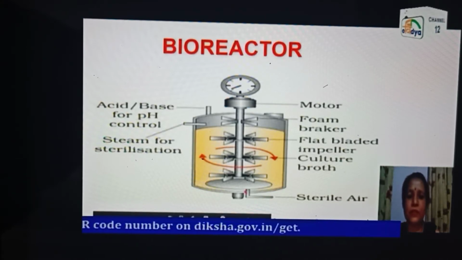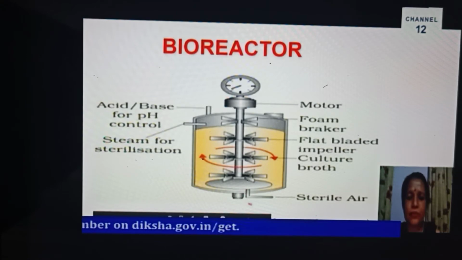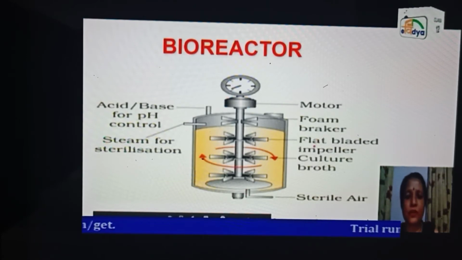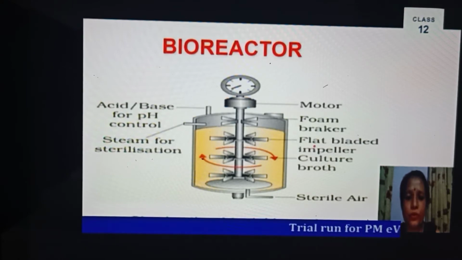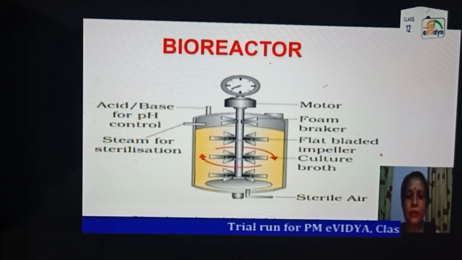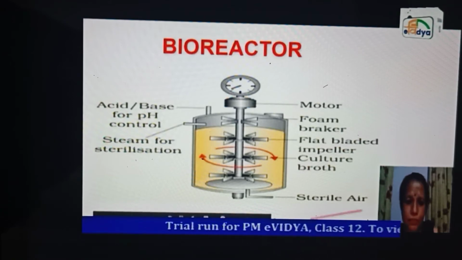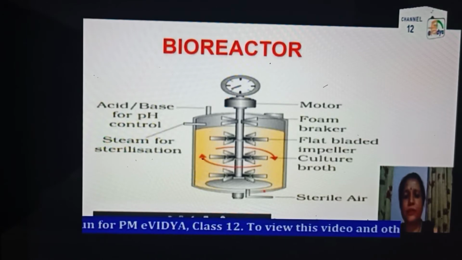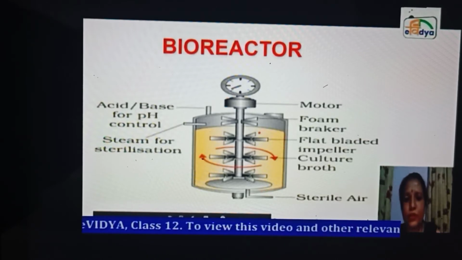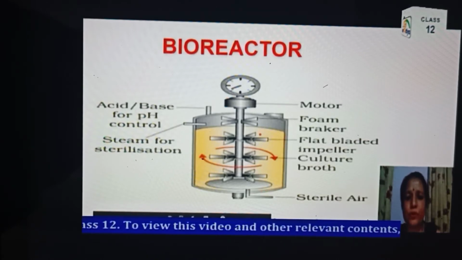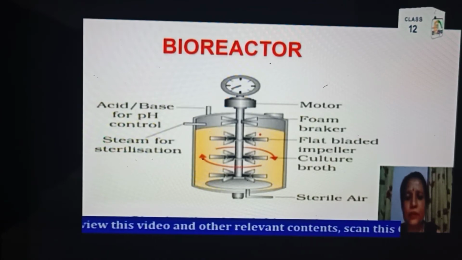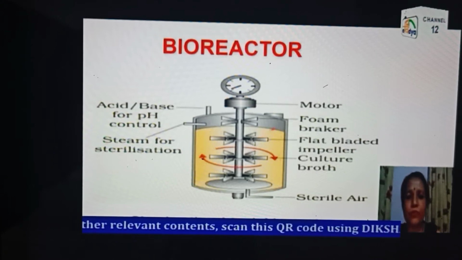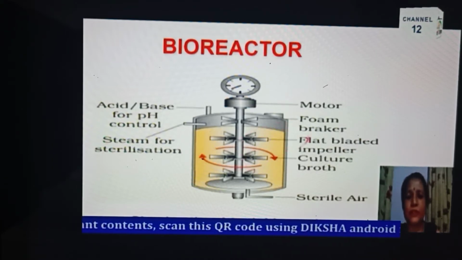So this is the complete structure of a simple stirred tank bioreactor. Three-fourths of the bioreactor is filled with the nutrients, to which a small amount of inoculum, that is the transformants with the desired gene, is added, and they will multiply when they get all the suitable conditions inside it.